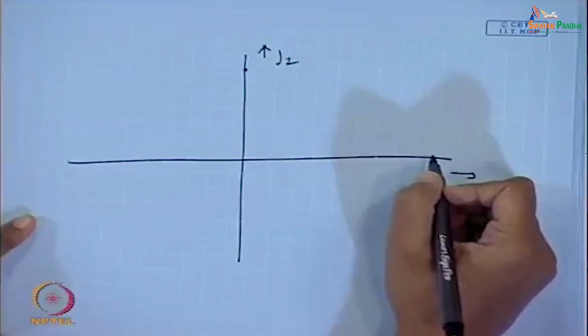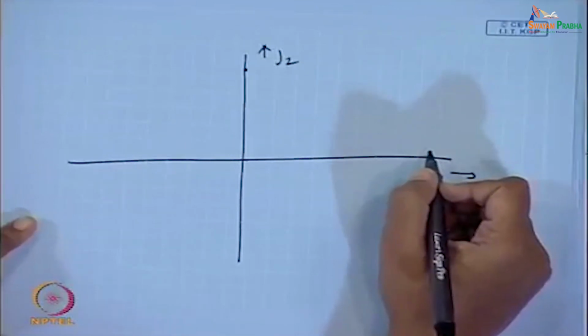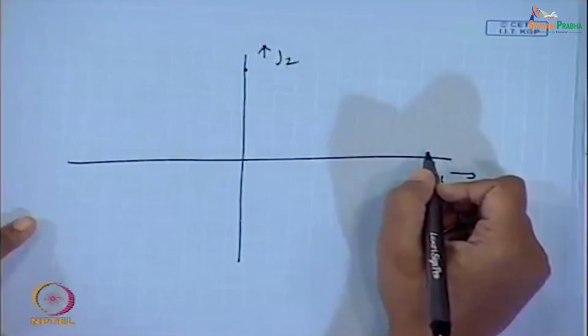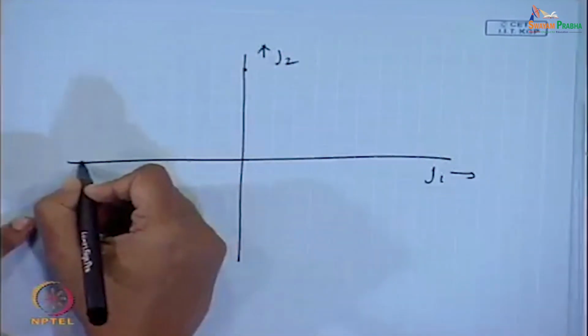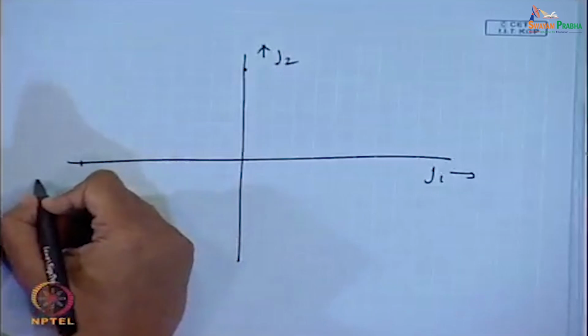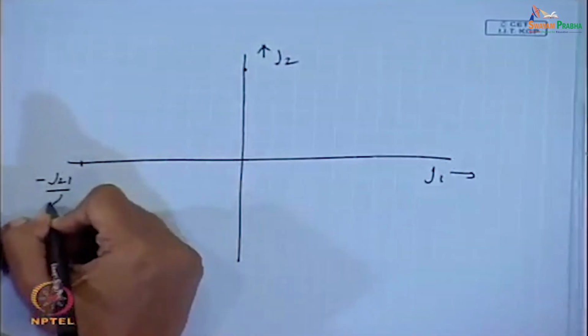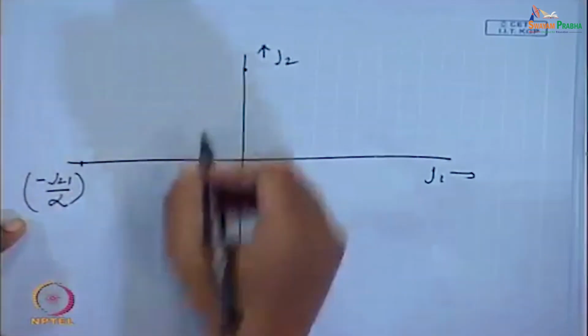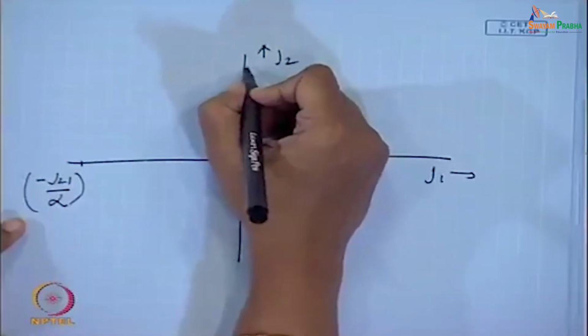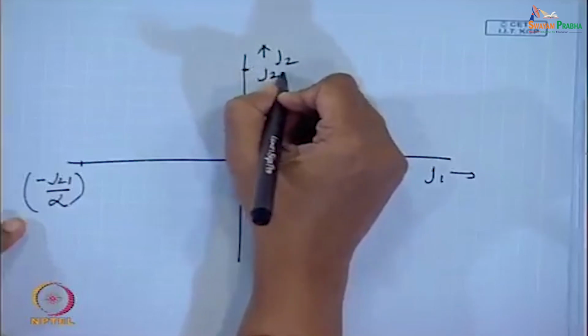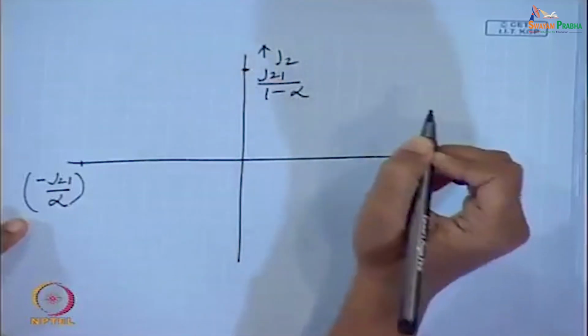When J2 equals 0, the intercept is minus J21 by alpha. So this intercept is going to be minus J21 by alpha. What will be the intercept on the y axis? J21 by 1 minus alpha.